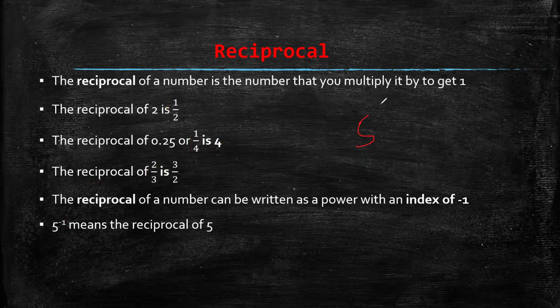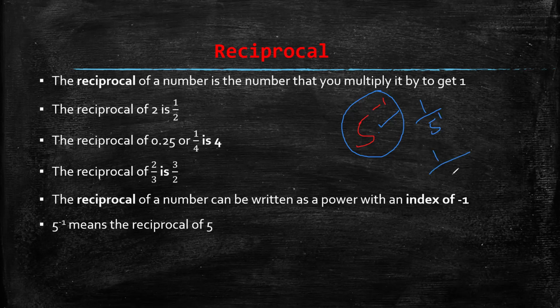If the power is negative, the first thing you have to do is make the power positive. How can we make the power positive? Listen to me carefully. If the power is negative, you have to change the number into the denominator. For example, 5 raised to the power -1 is in the numerator, so I will move this to the denominator, and it will become a positive power.